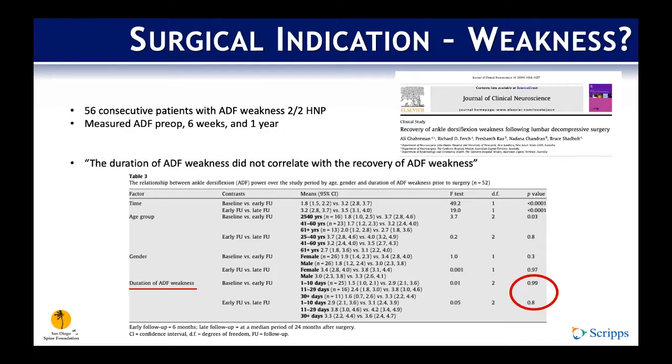They measured their ankle dorsiflexion strength preoperatively, as well as at 6 weeks and 1 year. And you can see down here that the duration of preoperative ankle dorsiflexion weakness did not correlate with the recovery. So, something to keep in mind is whether the presence of weakness is impacting decision-making regarding timing, not whether or not to go, but whether there's an urgency to it. I thought that was an interesting paper.